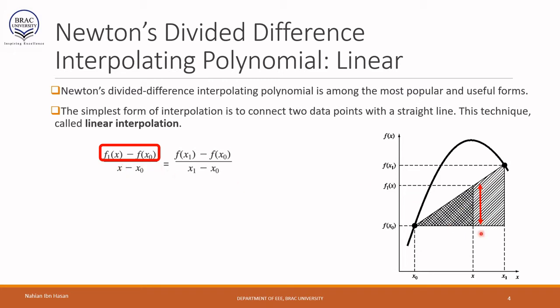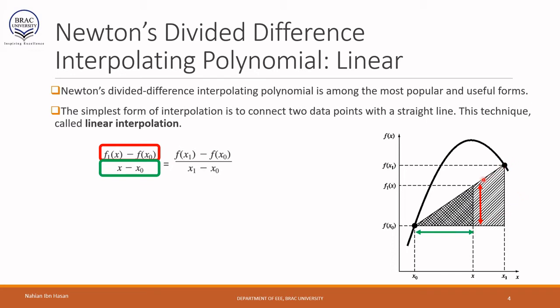That means this height here, the height of the smaller triangle, and the base of the smaller triangle is denoted by x minus x naught. So what does this term actually denote? This is the slope of the fitted straight line, height divided by width or the base.